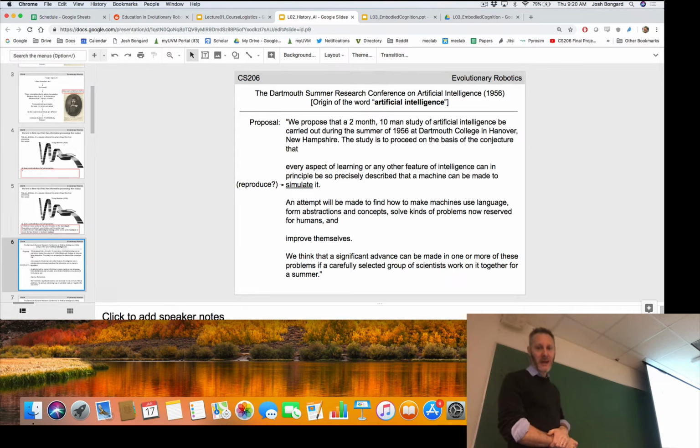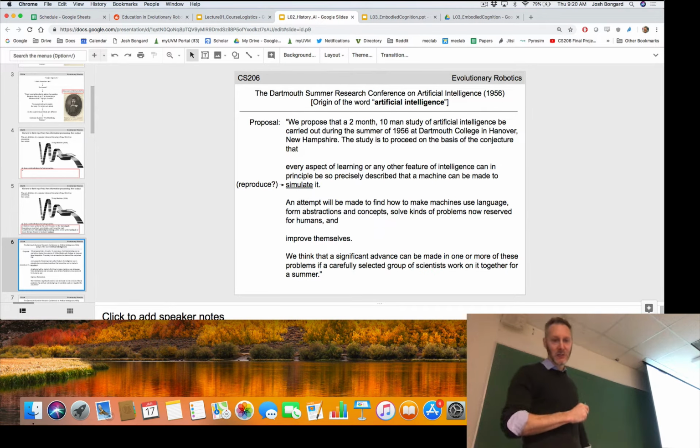An attempt will be made to find how to make machines use language, form abstractions and concepts, solve kinds of problems that are now only reserved for humans. Oh, and also, by the way, we will get them to improve themselves. Rather than us writing a new version of code for the machine to make it smarter, the machine will make itself smarter.